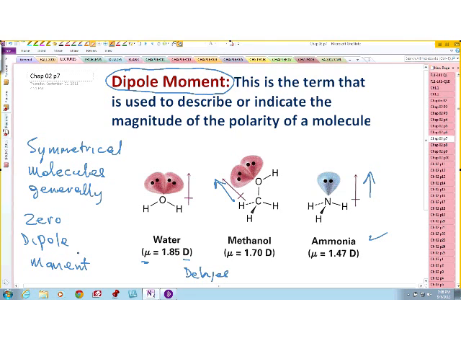In other words, the net dipole is zero. Now, what do we mean by that? On the other hand, non-symmetrical molecules will typically also have some kind of dipole moment.